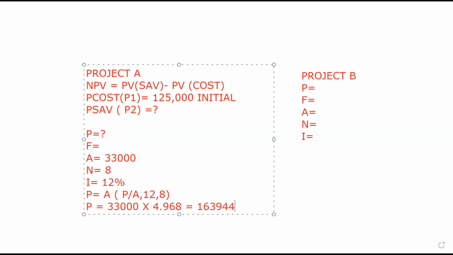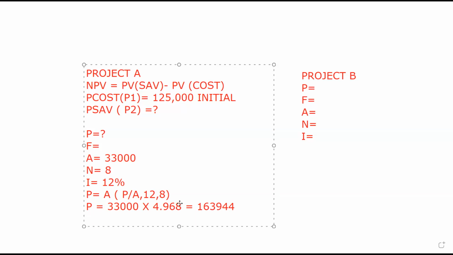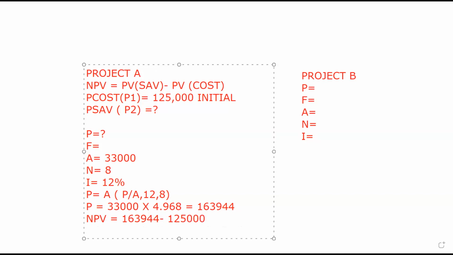So in other words, if I decide to go into this business today, the net present value is now the NPV of the savings minus the NPV of the cost. And it's going to be positive.